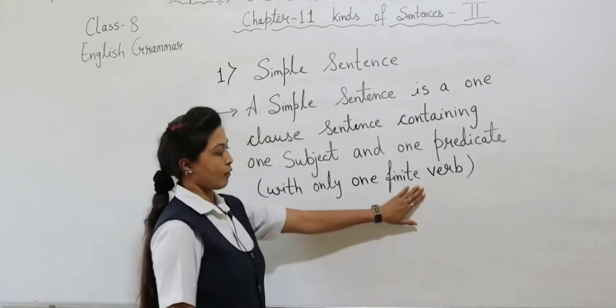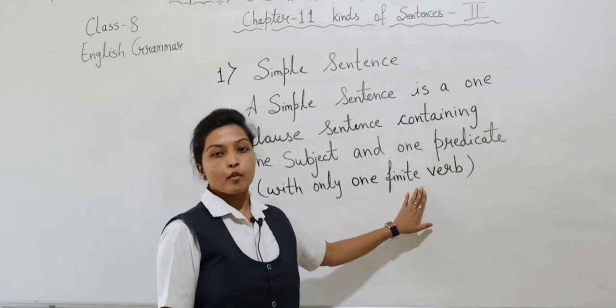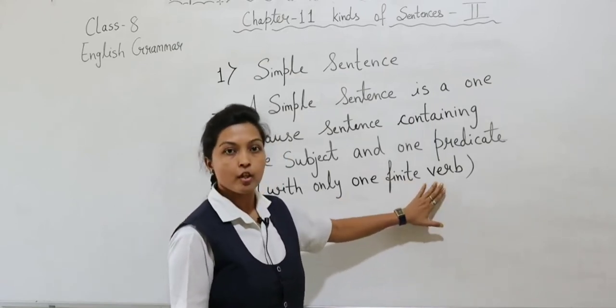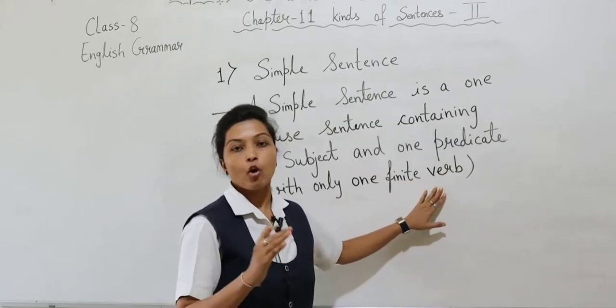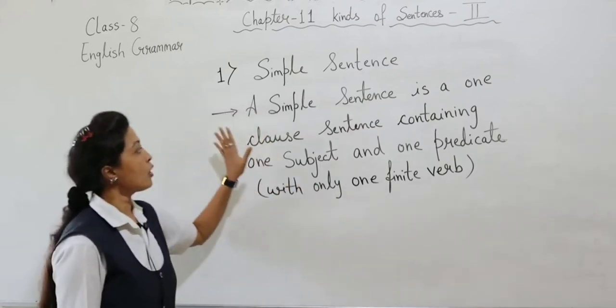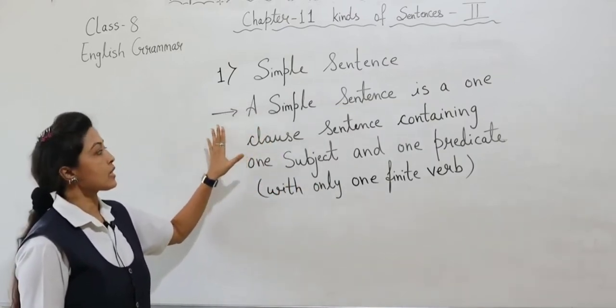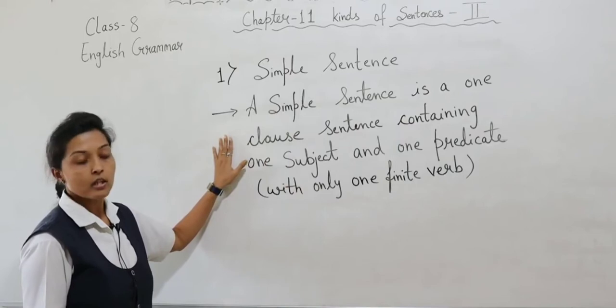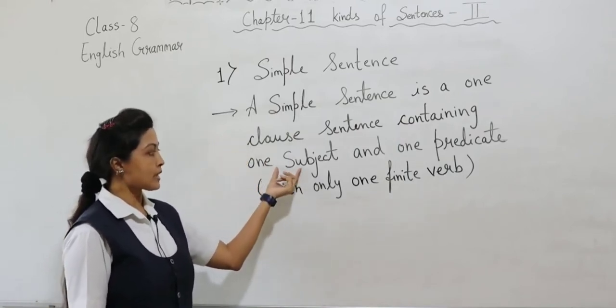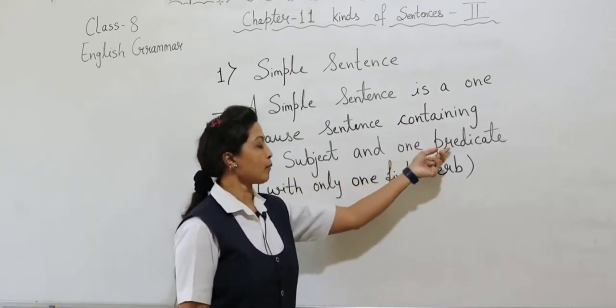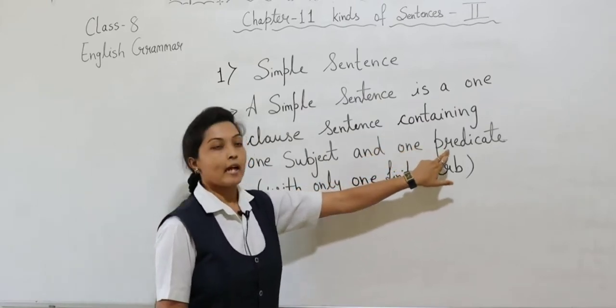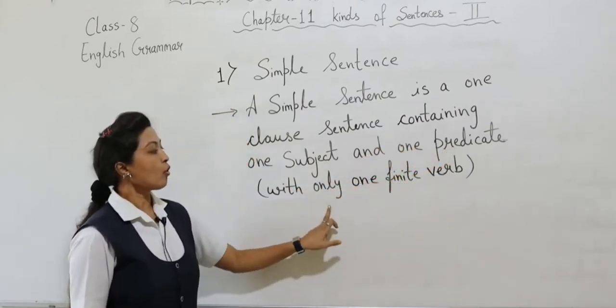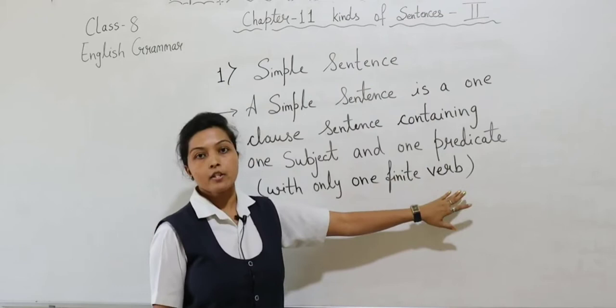Finite verb is a verb that has a definite relation with subject or a noun. So, simple sentence is a one clause sentence containing one subject and one predicate. Predicate, that is a verb with only one finite verb.